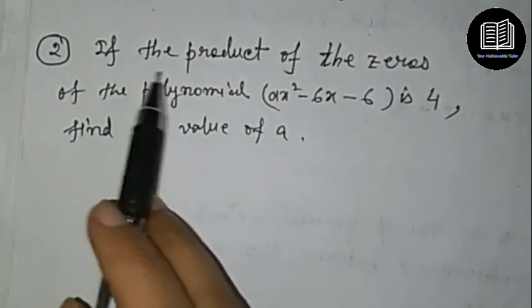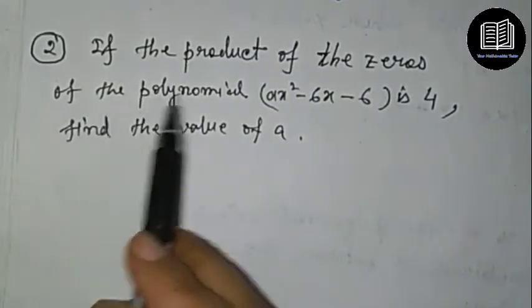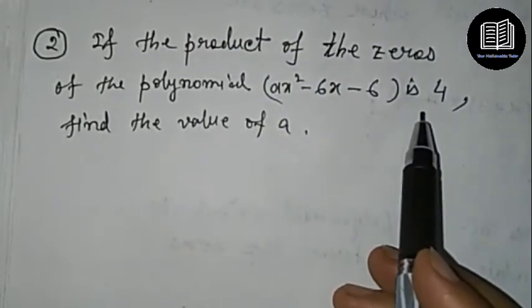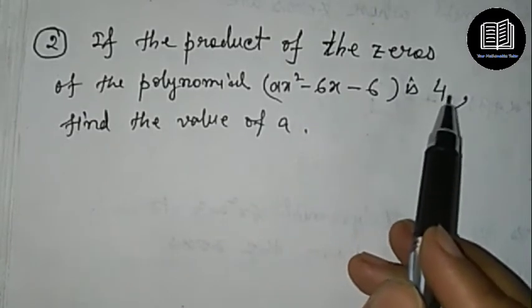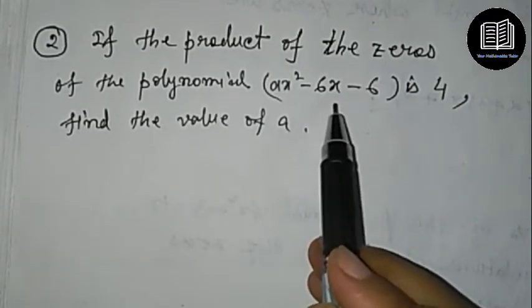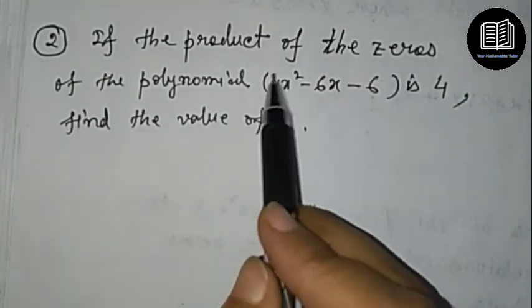See, if the product of the zeros of the polynomial is 4, that means you are given the product of the zeros of a polynomial and we have to find the value of a.